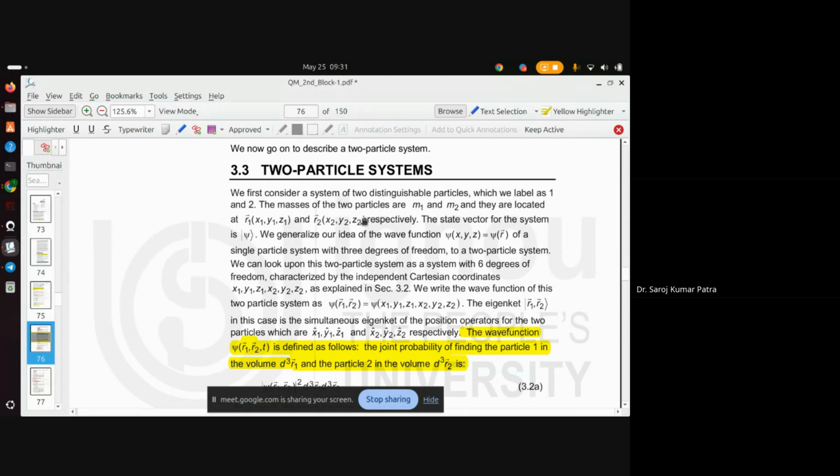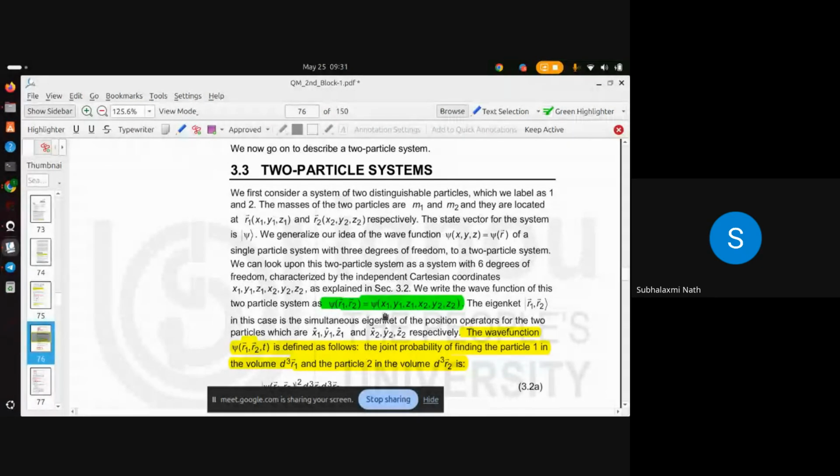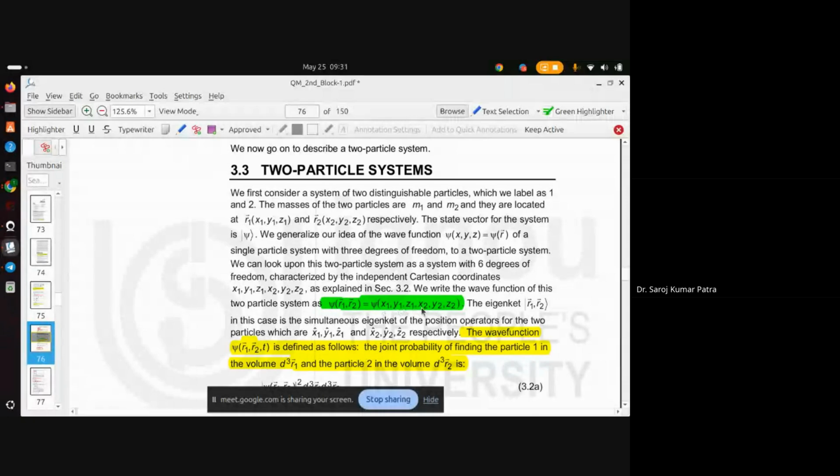The state vector of the system is psi, and we generalize our idea of a function psi(x, y, z) as psi(r). So what will it be? If we have two particles and we want to express the two particles using one wave function, that will be psi(r1, r2), which is a vector quantity: psi(x1, y1, z1, x2, y2, z2), the two positions.